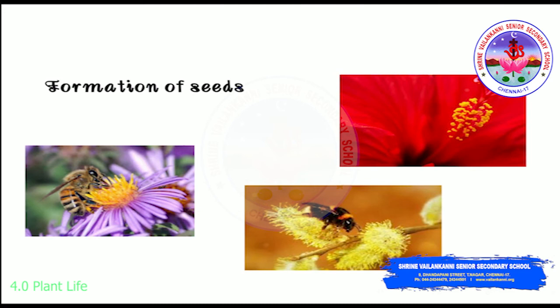This pollen helps in the formation of fruit or seeds. This is how a new fruit or seed will be formed. The pollen will be carried from one flower to another with the help of insects. The best example is bees.